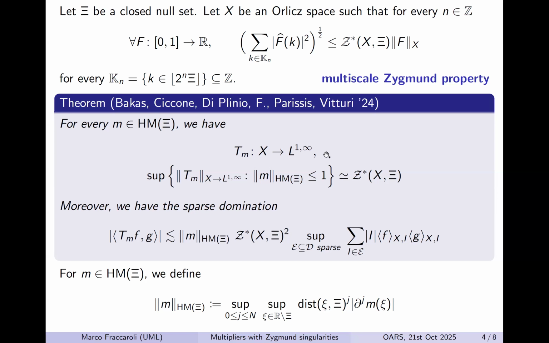The way I think about it is more like a characterization type of result. But the thing to conclude is that there are examples beyond the lacunary sets, also with meaningful Zygmund properties.